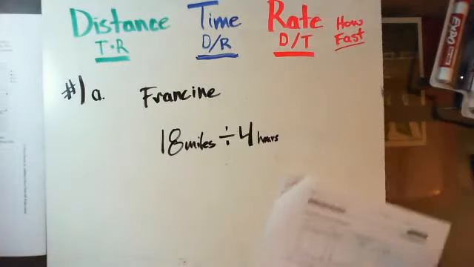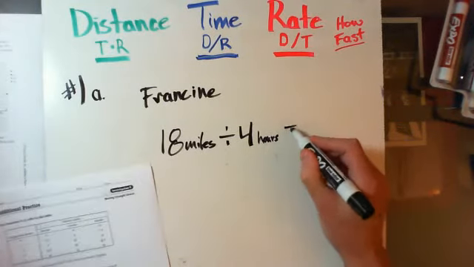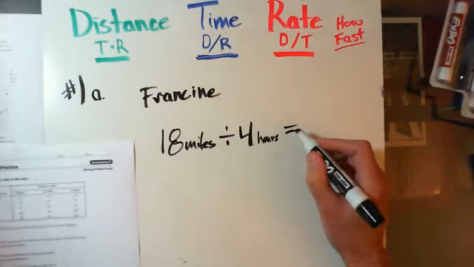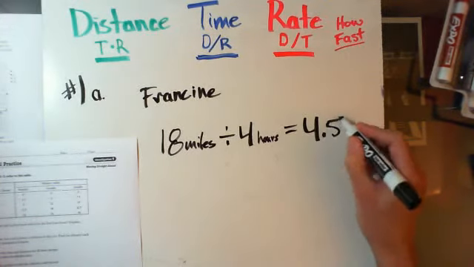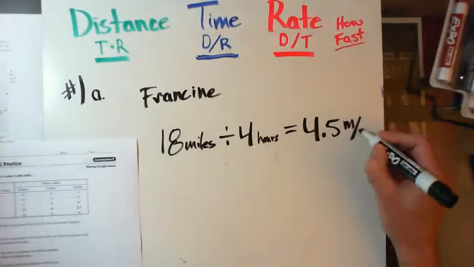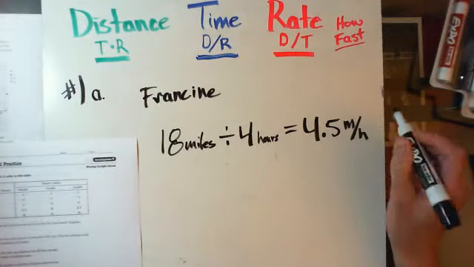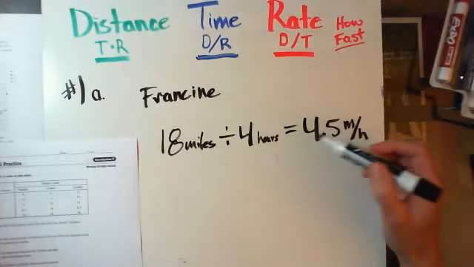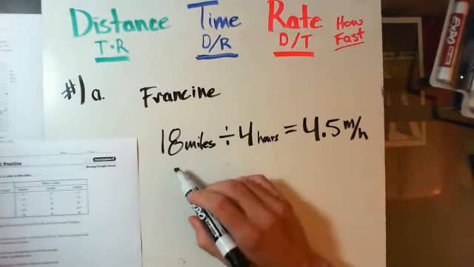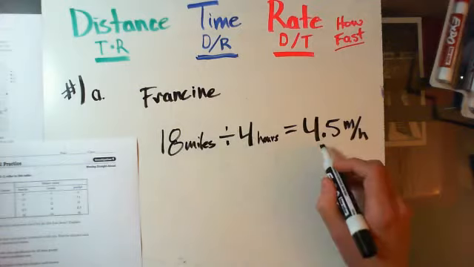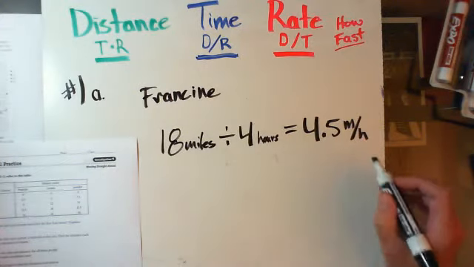And when we take 18 divided by 4, we'll get 4.5 miles per hour. That's how fast she went in 4 hours. 18 miles in 4 hours came out to be 4.5 miles per hour.